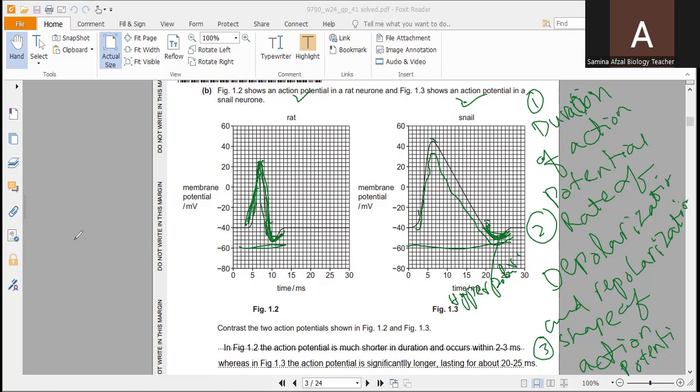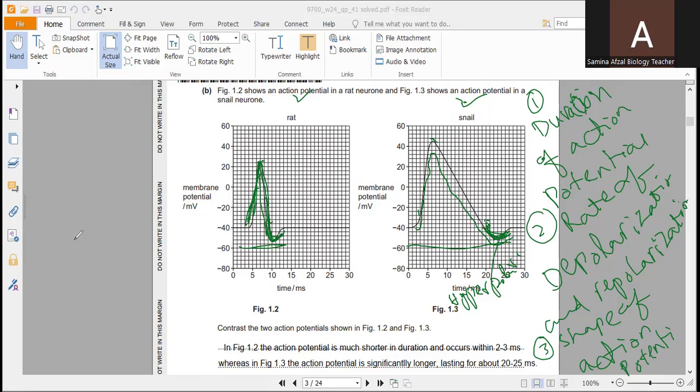Now, these differences are primarily due to the types and kinetics of the ion channels present in the neuron membrane. These typically have a high density of fast gated sodium channels for rapid depolarization and fast gated potassium channels for rapid repolarization.